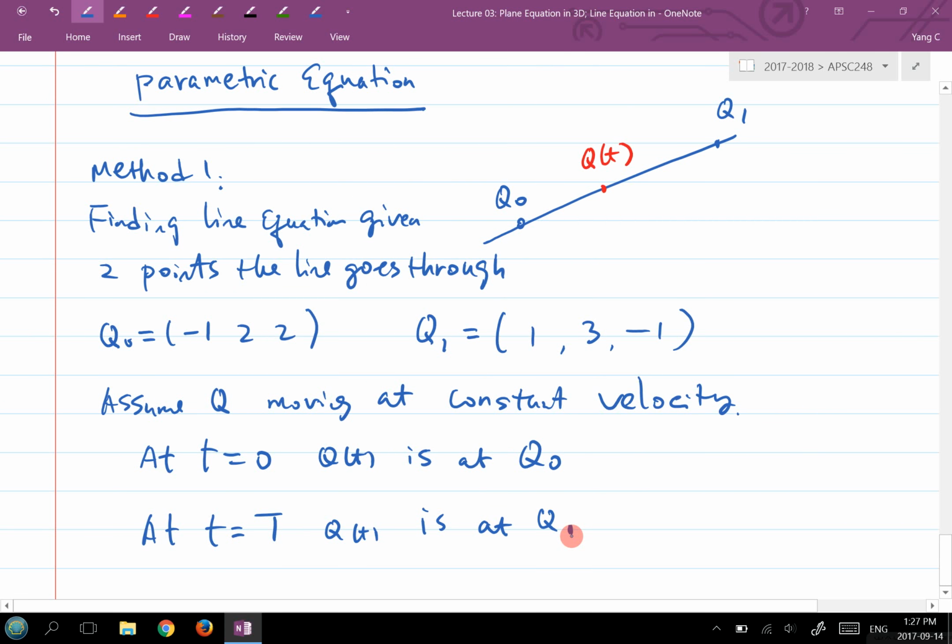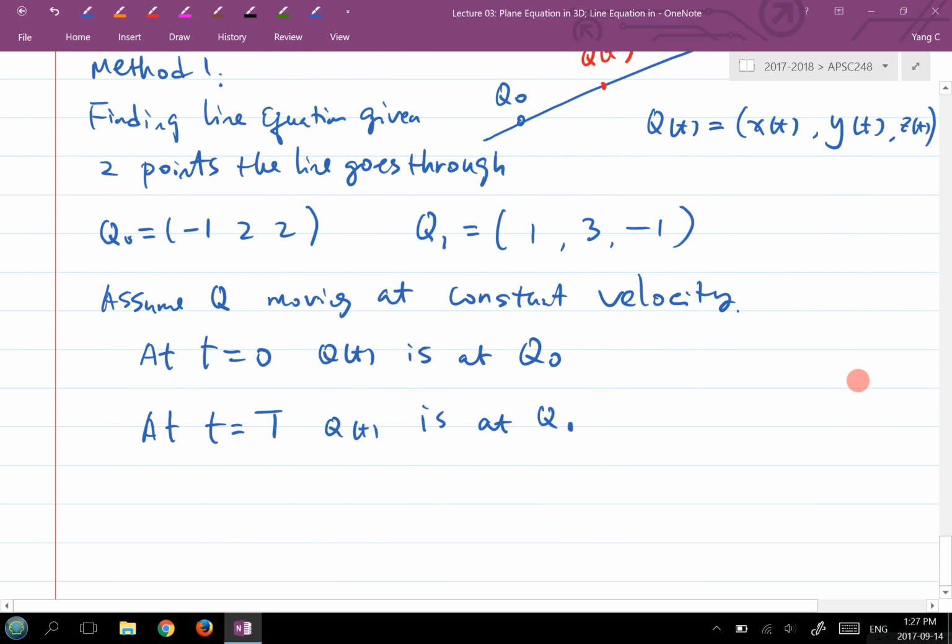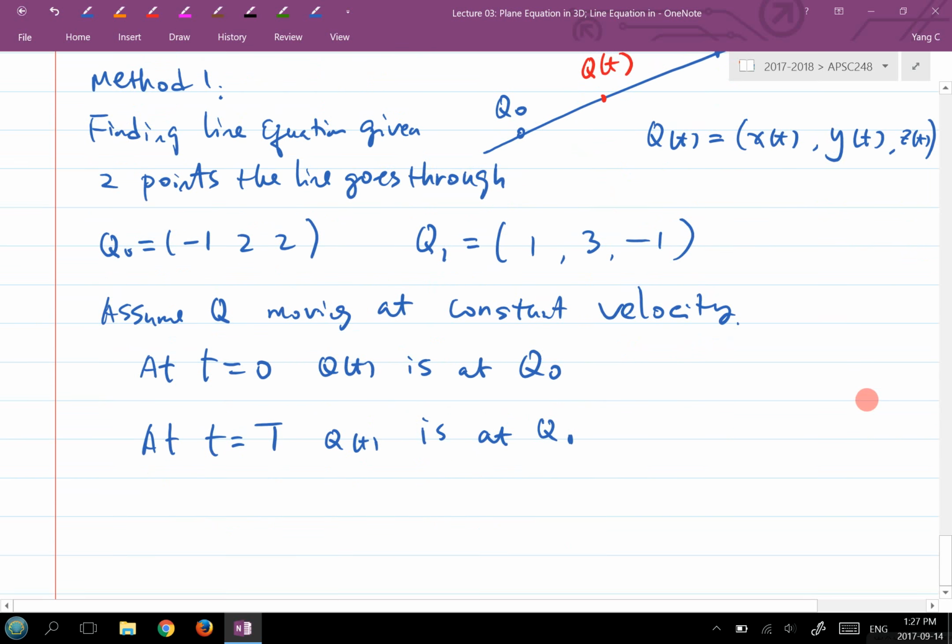At any other time moment t, your Q is at Q of t, this location, right? So Q of t, as previously noted, is x of t, y of t, and z of t. So those are the assumptions we can make use of now.